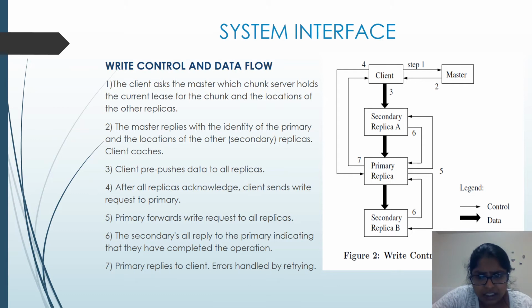Any errors that occurred at the replicas are reported to the client. In case of errors, the write may succeed at the primary and an arbitrary subset of secondary replicas. Let's go to the next slide.